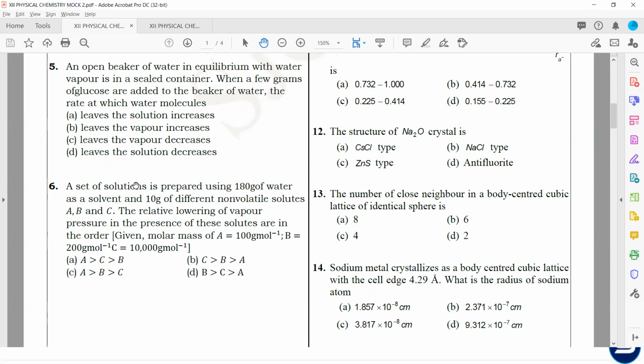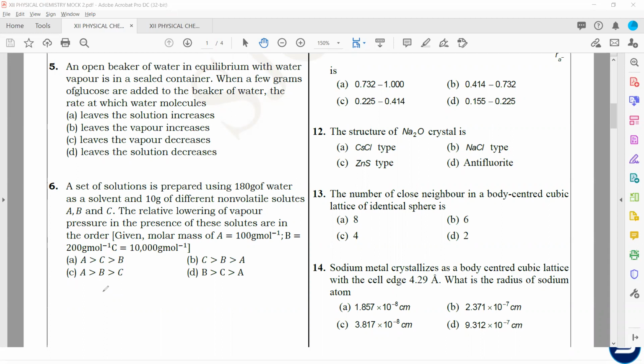Next, a set of solutions is prepared using 180 gram of water as a solvent and 10 gram of different non-volatile solutes A, B, and C. The relative lowering of vapor pressure in the presence of these solutes is in the order? The molar masses of A, B, and C are given. When the relative lowering of vapor pressure of three different solutions is to be compared, how do we go about this? It'll be inverse to the molar mass.